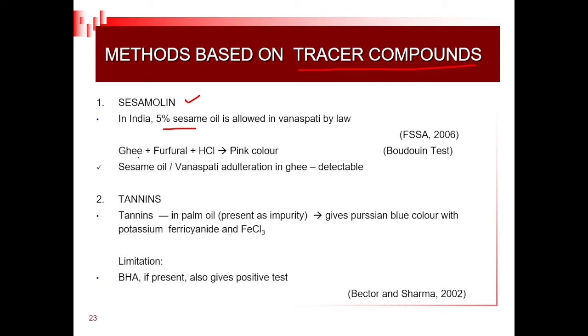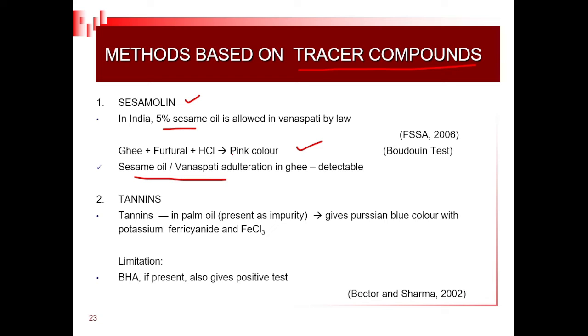The principle is that ghee plus HCl plus furfural gives a pink color. In this sesame oil adulteration, 5% sesame oil is added in vanaspati to enable detection in ghee. We know that sesame oil has one component, sesamolin, and sesamolin is hydrolyzed by HCl to sesamol, which reacts with furfural to give the pink color.